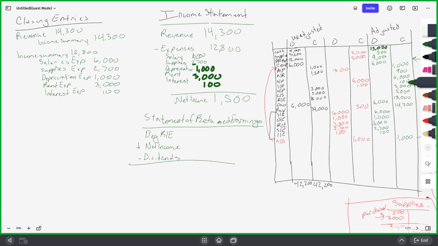All right. So what was our beginning retained earnings? 18,000. What else? Net income, adding 1,500. What about dividends? 6,000.